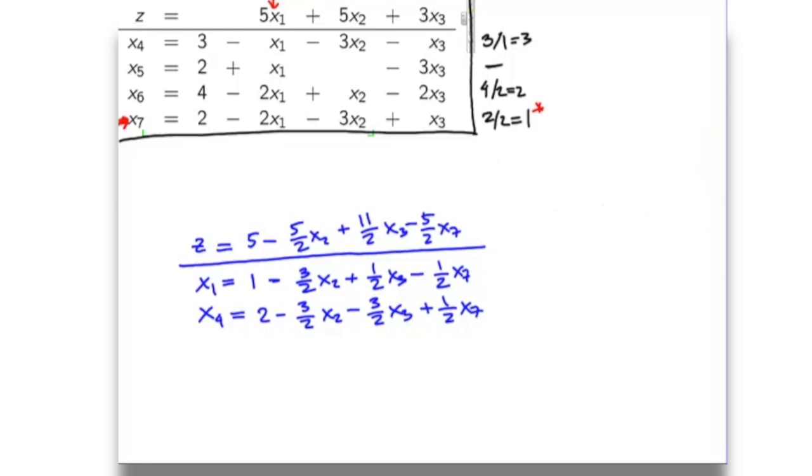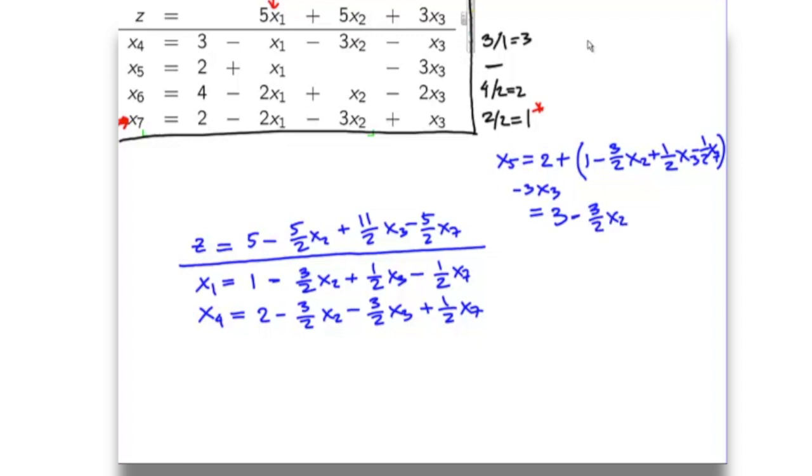So the expression for x5 is 2 and then plus x1, and again we substitute our expression for x1, which is 1 minus 3/2 x2 plus 1/2 x3 minus 1/2 x7, and then there is no x2, and minus 3x3. So which is 3 minus 3/2 x2.